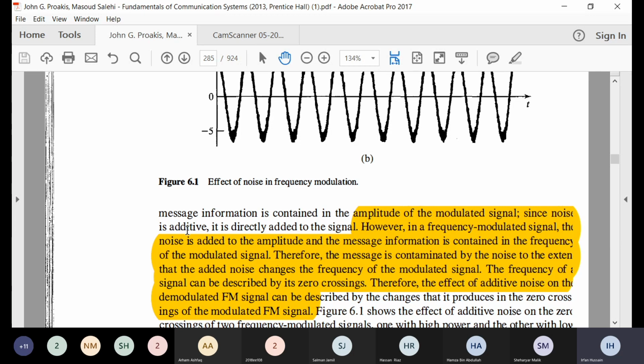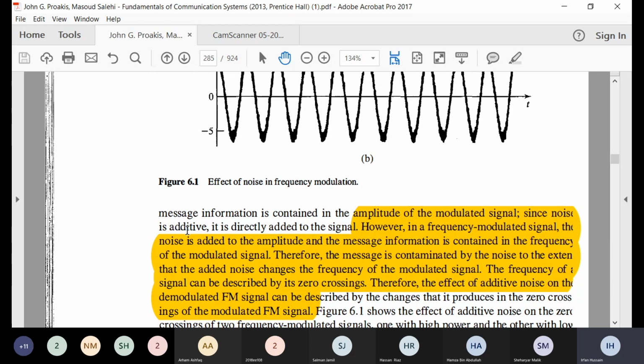You can very well see that in FM modulation, the message signal is present in the phase. It might be the instantaneous frequency, or it might be the instantaneous phase that carries the message signal.